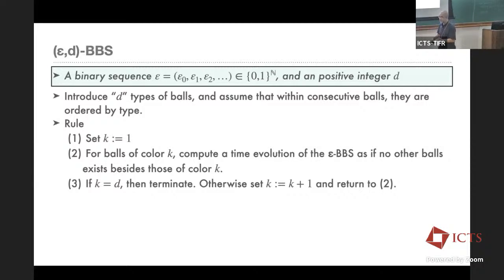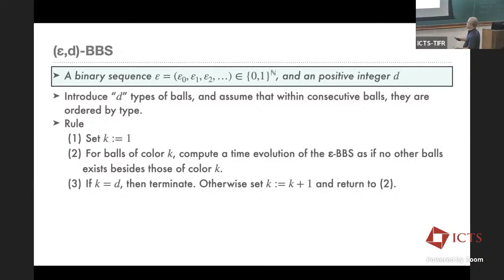If we know the original epsilon BBS, it is just a composition. So we have D types of balls. I mean, the number of colors is D, and D types of colored balls are introduced. The time evolution step is first divided into several steps.